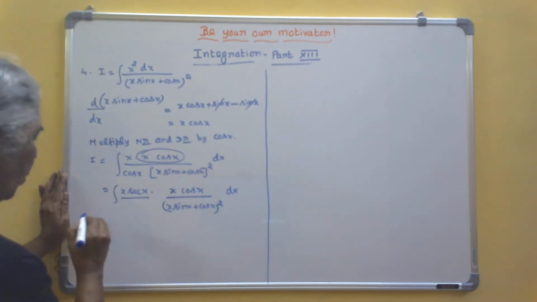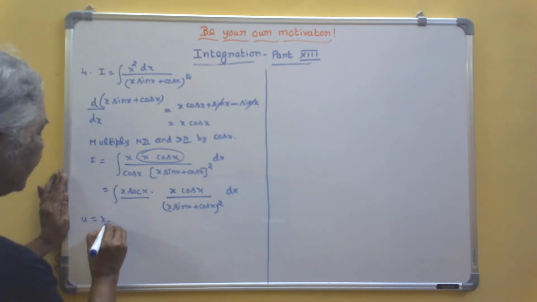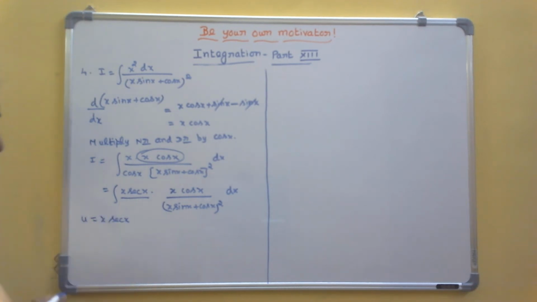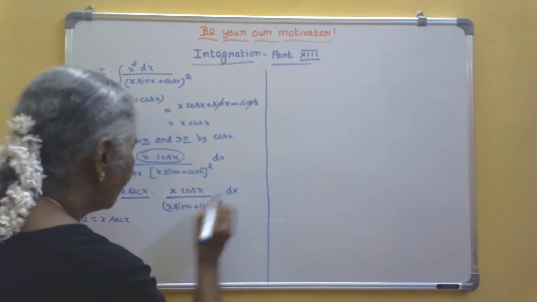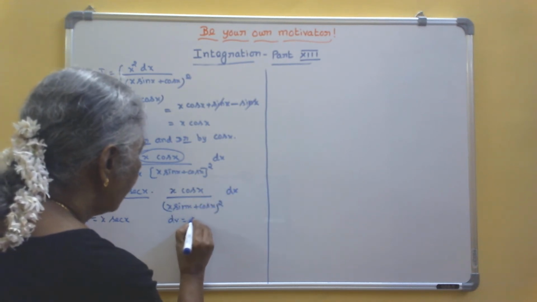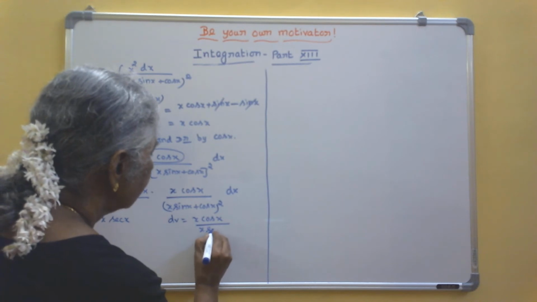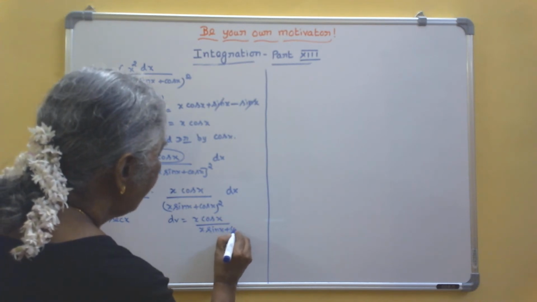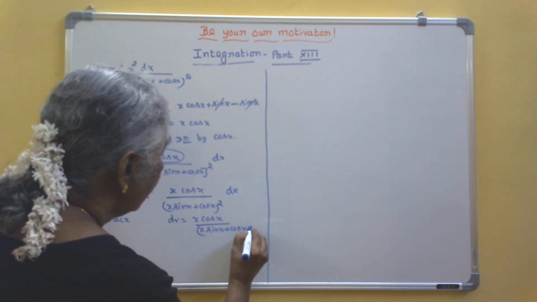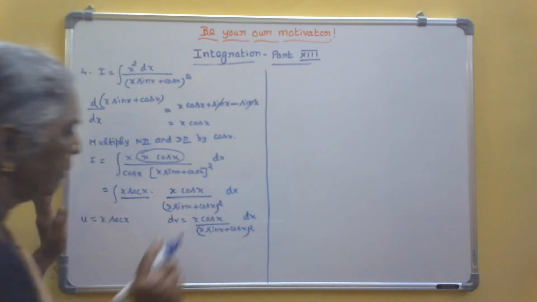Now I am going to take u as x secant x. The rest I will take as dv. So the dv will be x cos x by (x sin x plus cos x) the whole square dx, right?